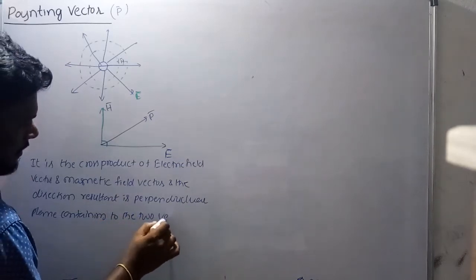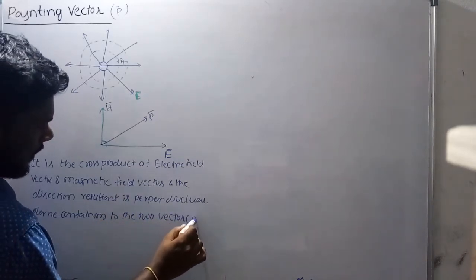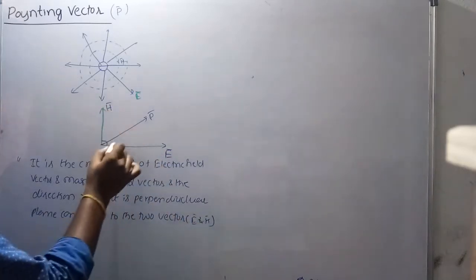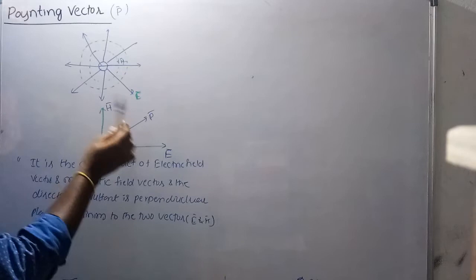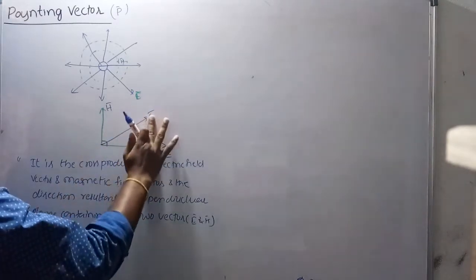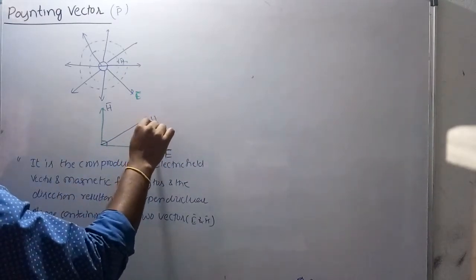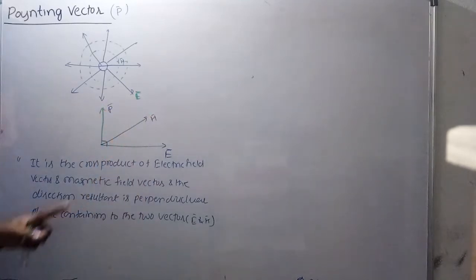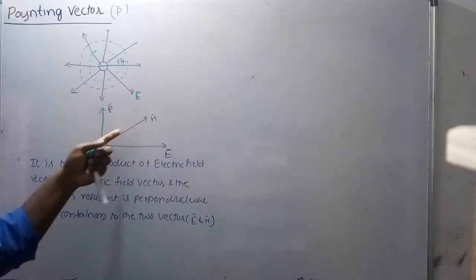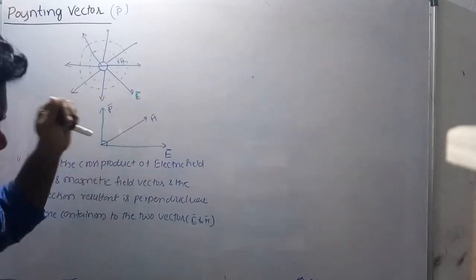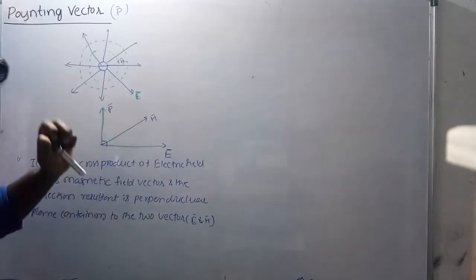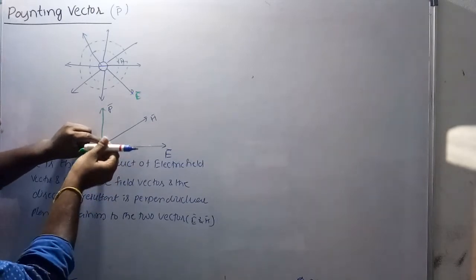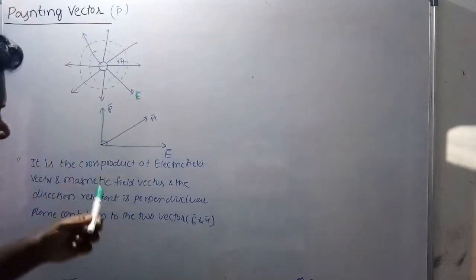What are the two vectors here? E bar and H bar, and your resultant vector is perpendicular to these two vectors. So if it is here, it is here, or you can also take another way. If this shows the H bar, the resultant will be here. These two vectors are mutually perpendicular to each other. H bar is in this direction, meaning it is into the board, like this. E bar is in this direction, and the resultant will be in this direction. Okay?